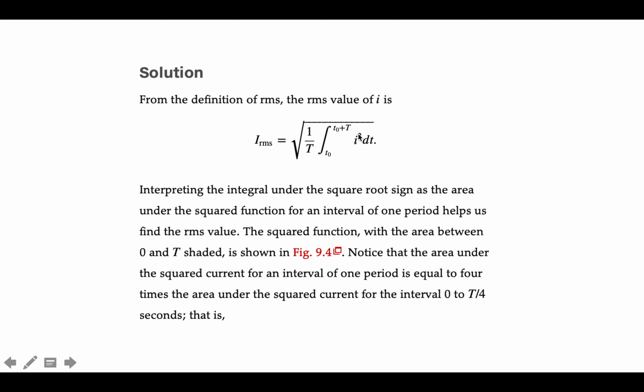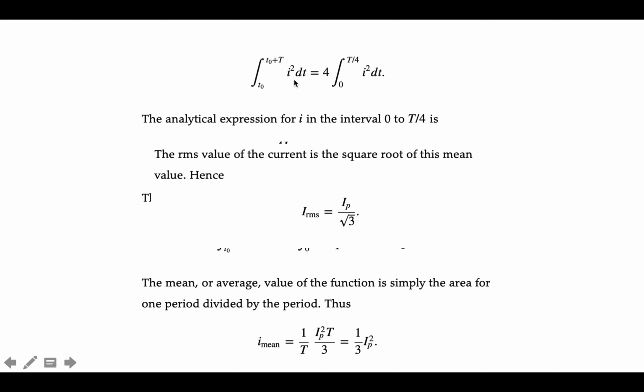We're going to do the integral only for the first quarter of the period, because that's what we were looking at in the previous slide. So here's our I squared, and the integral from some t sub 0, which is our starting point, which in our problem would be 0, to t sub 0 plus a period, is going to be 4 times the integral over 1/4 of a period.